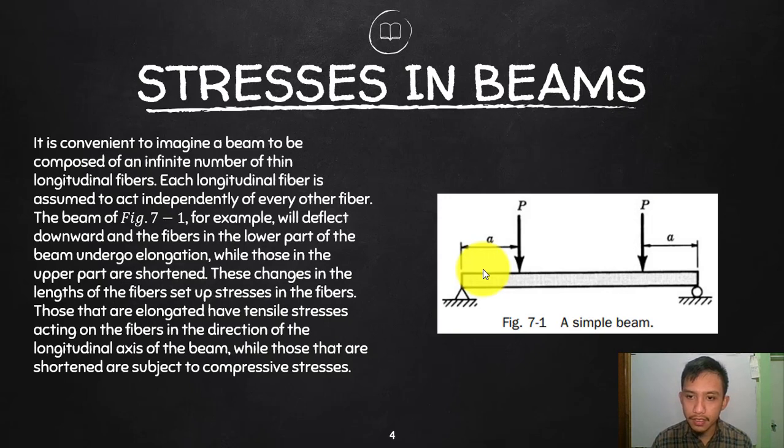If I cut that beam at a certain section, the cross section is composed of very thin fibers which are parallel to the beam axis. Let's analyze it that way, and consider that each fiber will experience different intensities of stress.